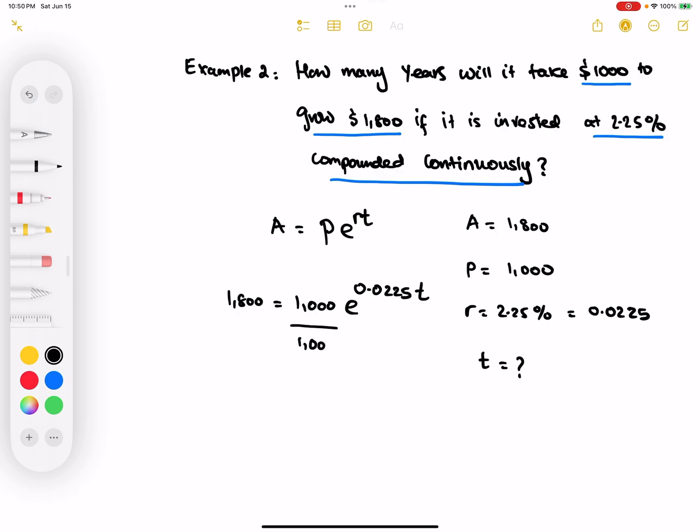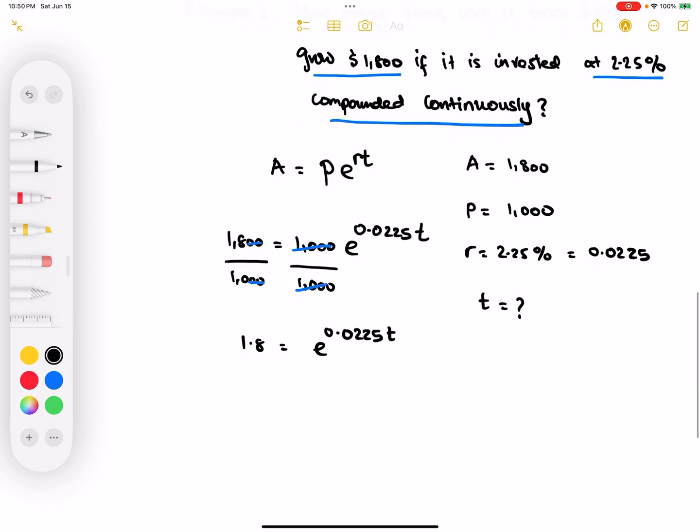But first, let us simplify this one by dividing by 1,000. So this cancels. When you cancel on the left side, it becomes 1.8 is equal to e to the 0.0225 t. So the log form of this one is 0.0225 t is natural logarithm of 1.8.